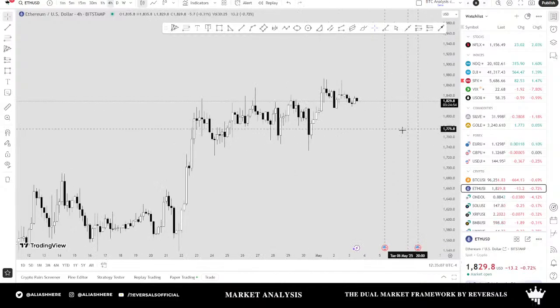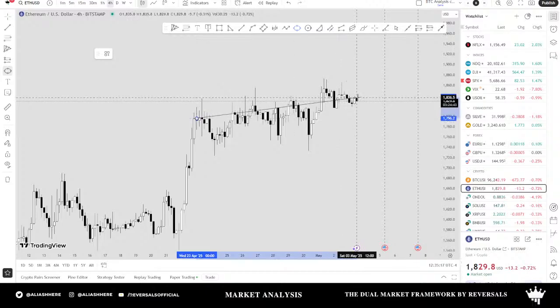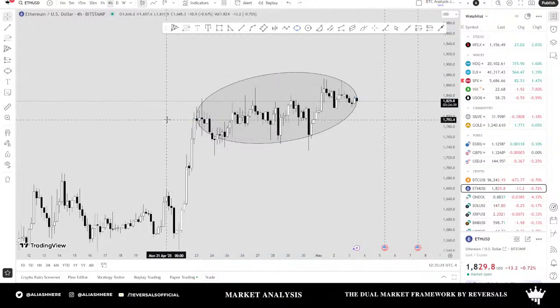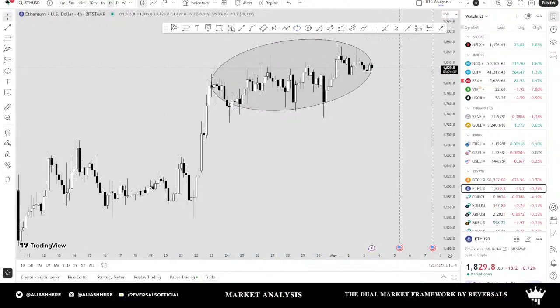You see here we have an ellipse for Ethereum, and we need to see spinning top or spinning bottom. There's a long consolidation, and this will be our SR interchange.